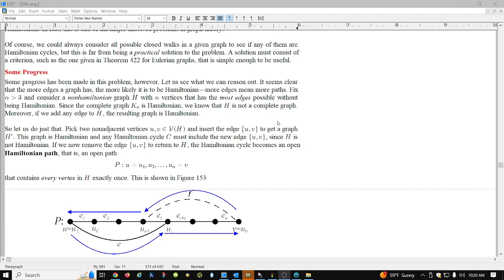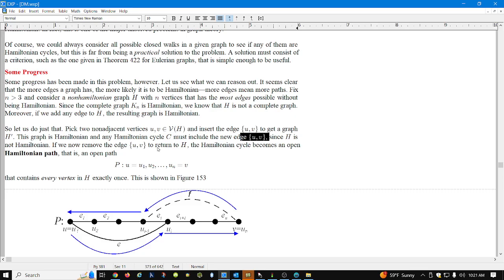And so it has a Hamiltonian cycle. That Hamiltonian cycle, which I'm calling C, must include the edge uv, the new edge. Otherwise, there would have been a Hamiltonian cycle in the original graph H, but there's not. So C does include this new edge.